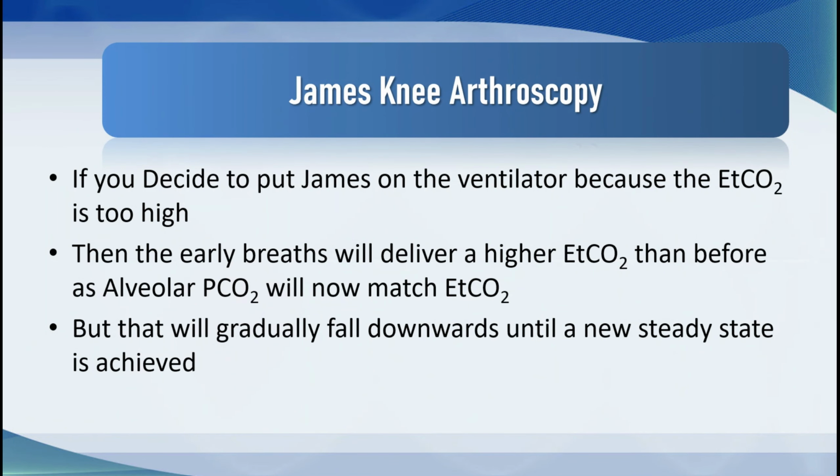If you decide to put James on the ventilator because the end tidal CO2 is too high, then the early breaths will deliver a higher end tidal CO2 than before, as alveolar PCO2 will now match end tidal CO2, but that will gradually fall downwards until a new steady state is achieved.